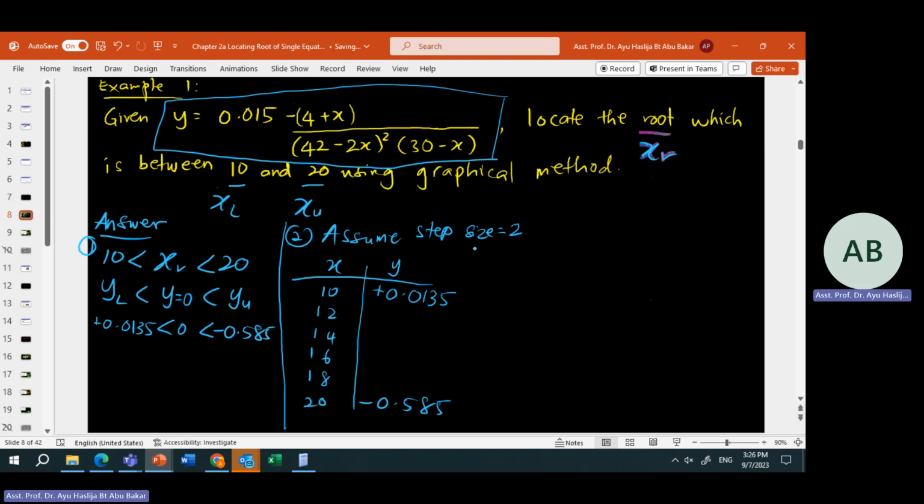It's up to your assumption, but now I'm using step size equals 2 to ease the calculation. So that's why we get 10, 12, 14, 16, 18, 20 over here. Now the rest of the Y, try to calculate. Tomorrow we continue. Okay?